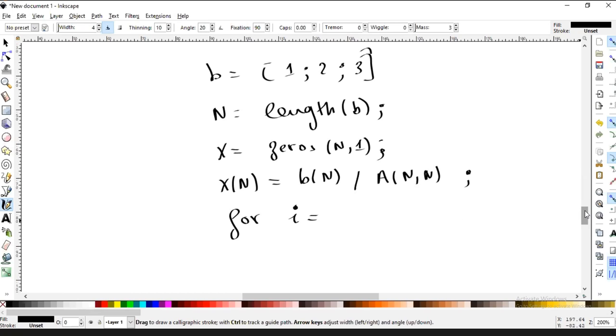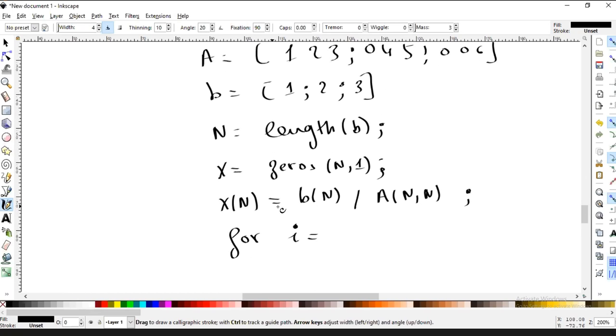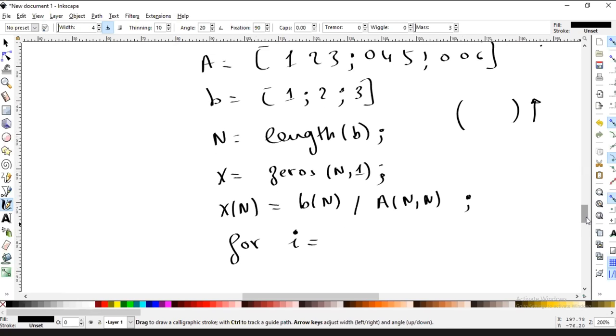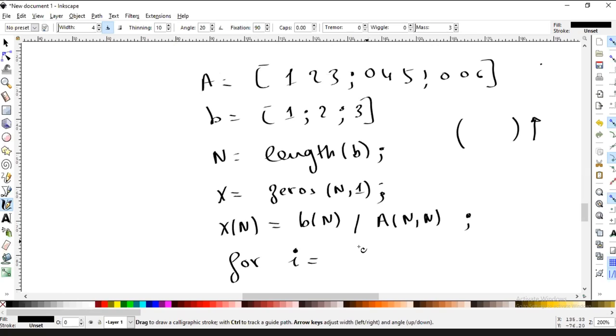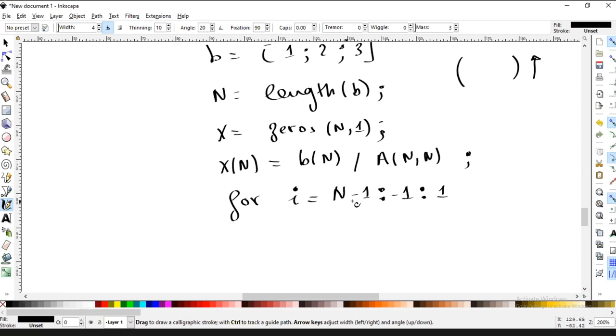We have the matrix of size n, and we determine xn, then we need to determine xn minus 1, etc. So one way of doing it is to say for i equals n minus 1 down to 1. You're going from n minus 1 till 1, right? And then you write the formula here.